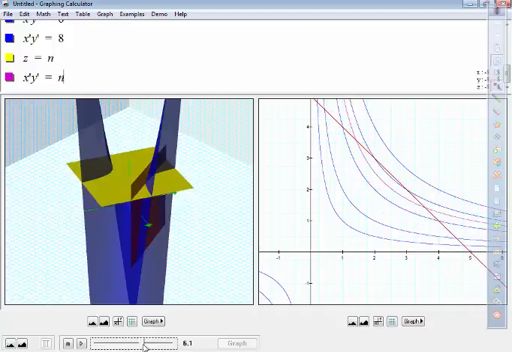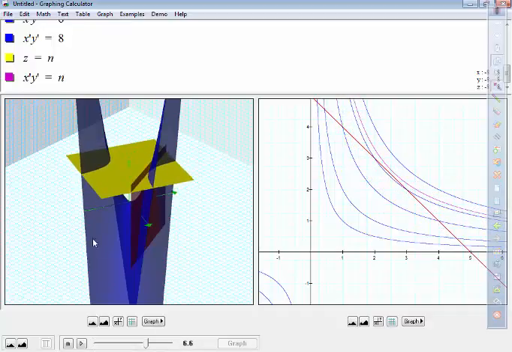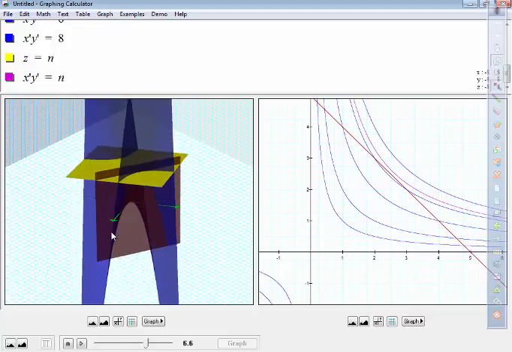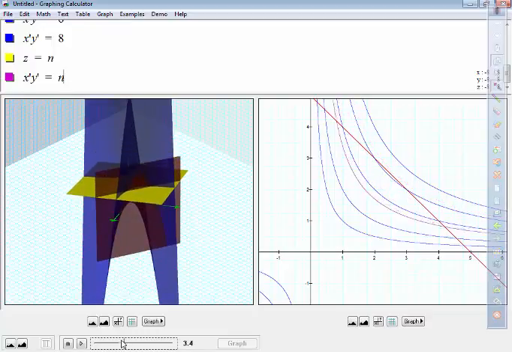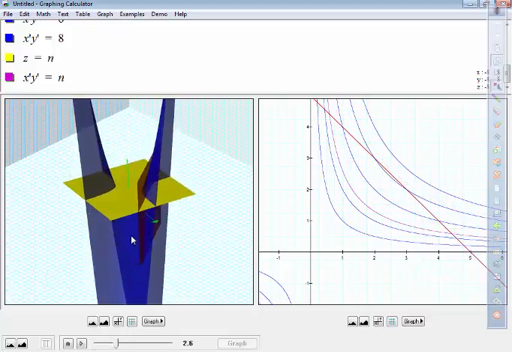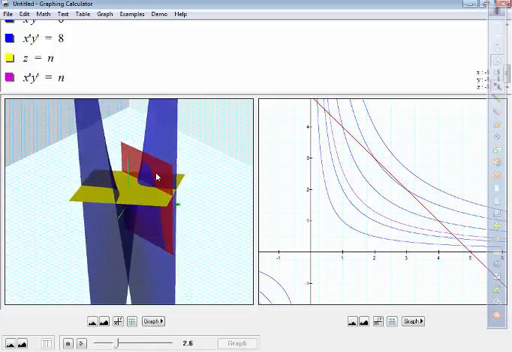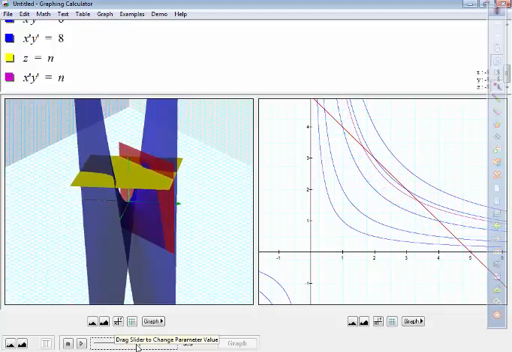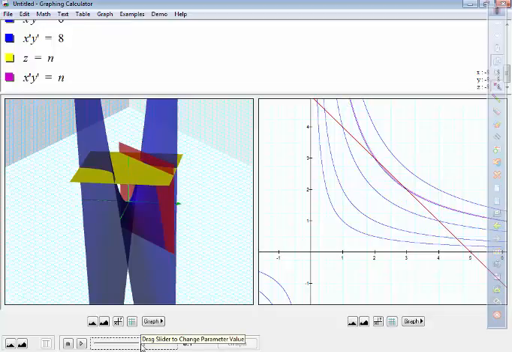You see it moving around? All right, now let me adjust this so that we're looking at the top of the intersection here. There's a good view right here. That's where I want the intersection. Now let's look at that plane. Right around there.